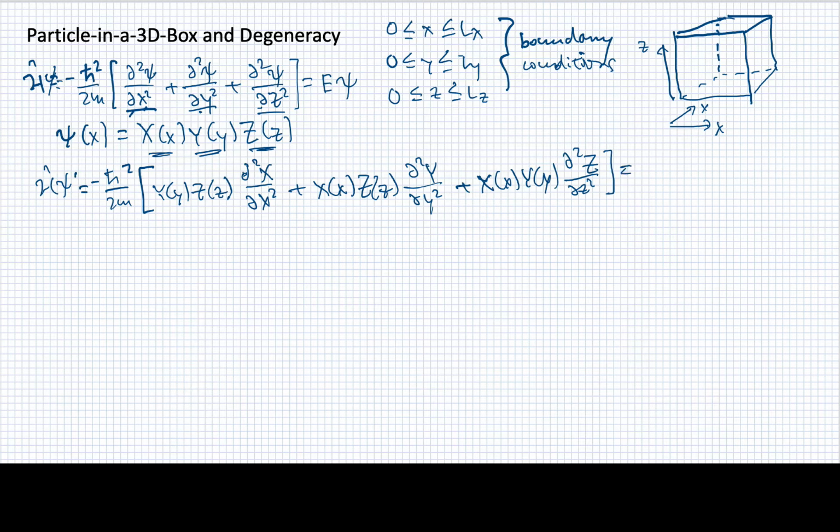And all of this will then be equal to E times X of x, Y of y, and Z of z.